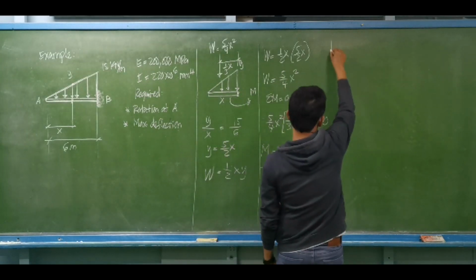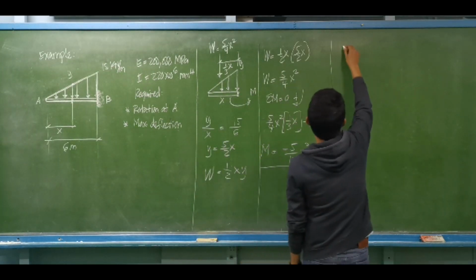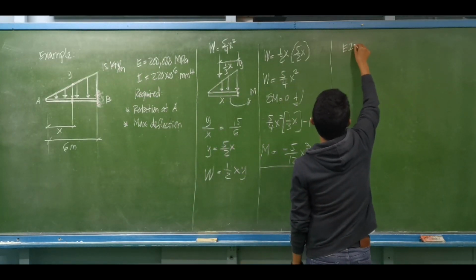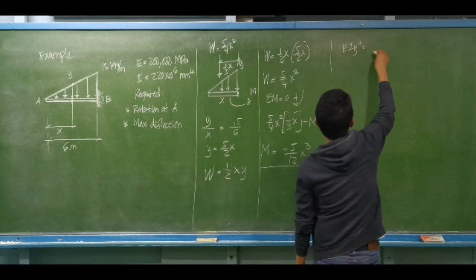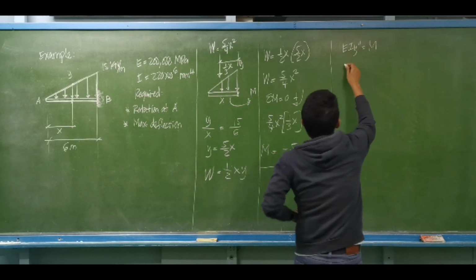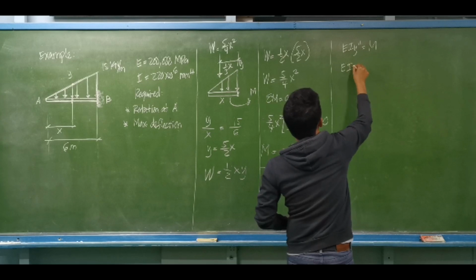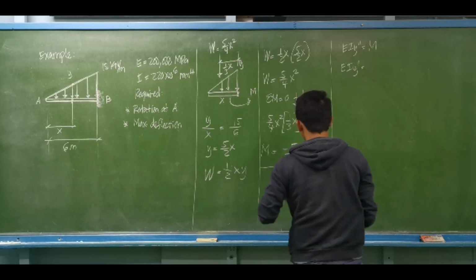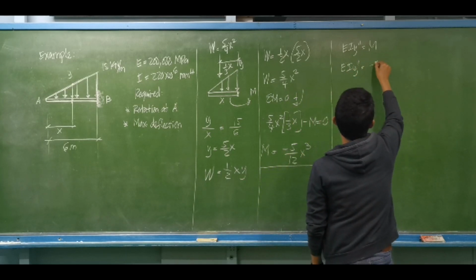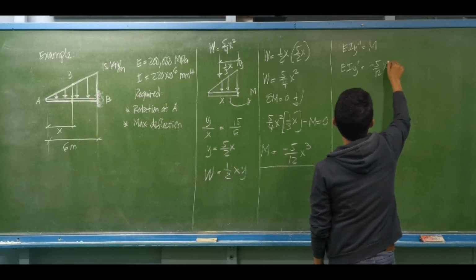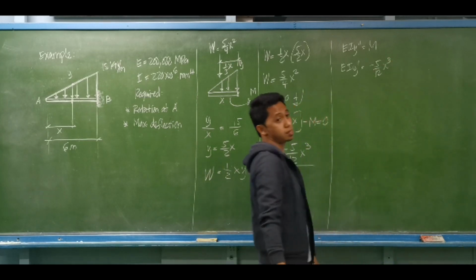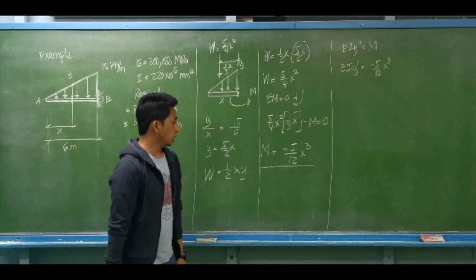If we now proceed to integration, EIy double prime is equal to the moment. So EIy double prime is equal to negative 5 over 12 of x cubed. That is our moment equation.